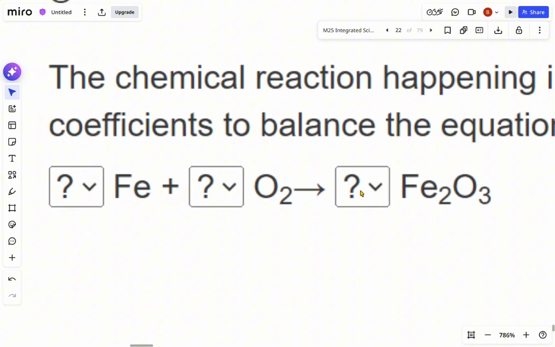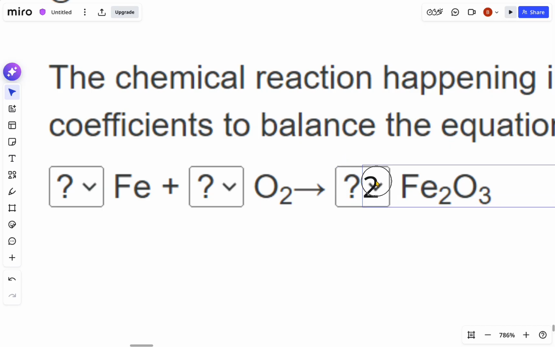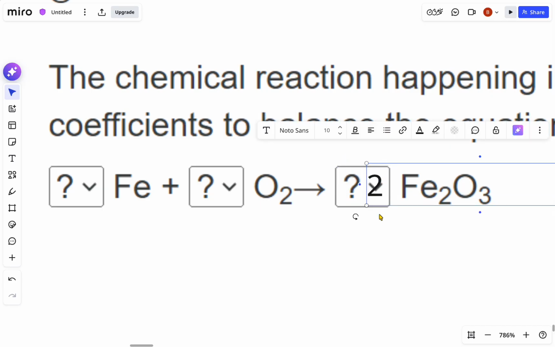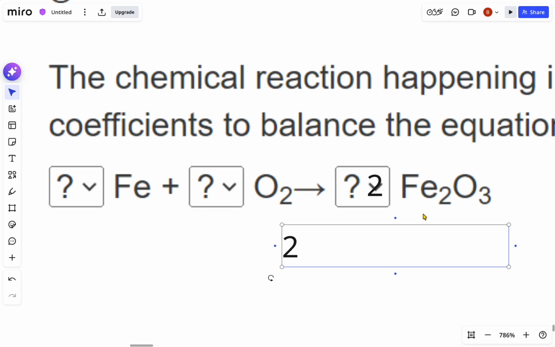So if we add 2 Fe2O3 over here, you can see that we'll have 4 irons and 6 oxygens. So based on this, what if we just change this? Let's put 2 over here, 2 Fe2O3, and then if we put 2 Fe2O3 we'll have 4 irons and 6 oxygens.